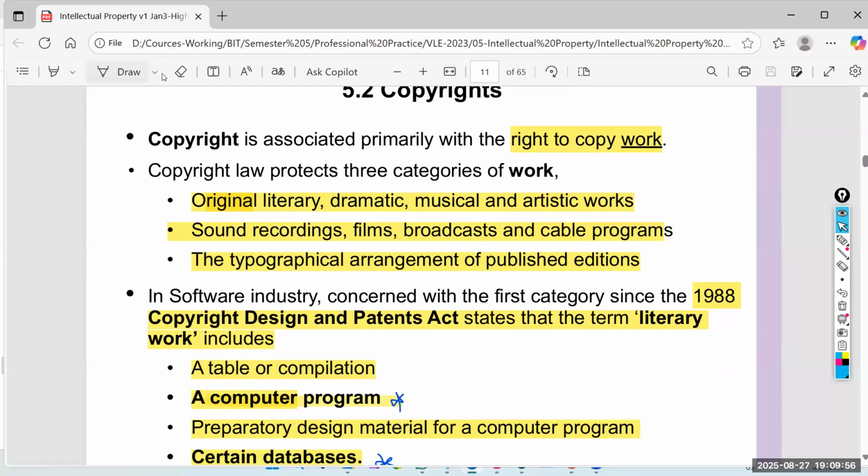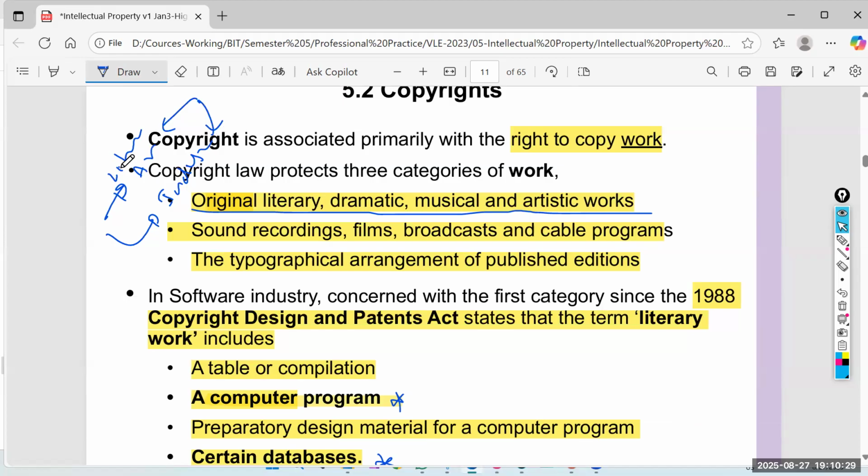So what kind of things are covered by copyrights? The original literary, drama, music, artistic works are covered. You can see there are two categories. One is literature and art related things. Other area is industrial things. So copyrights covers two areas, art and literature side, industrial side.